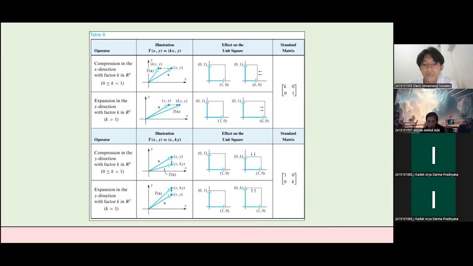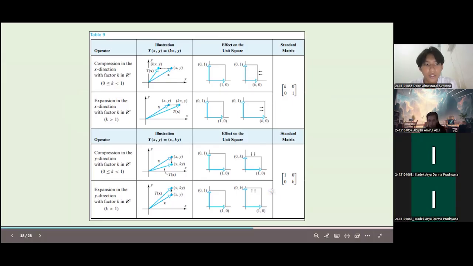The transformation works by multiplying one coordinate of a point by a non-negative value k. This operation doesn't alter the object overall. Instead, it enlarges or shrinks the object along a specific axis, horizontal or vertical.